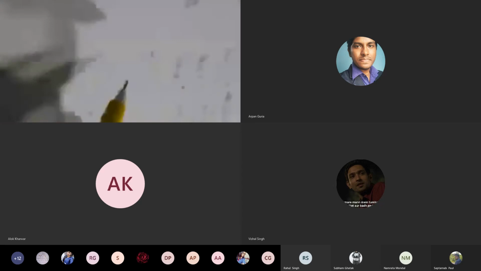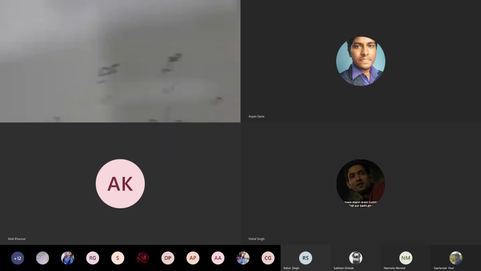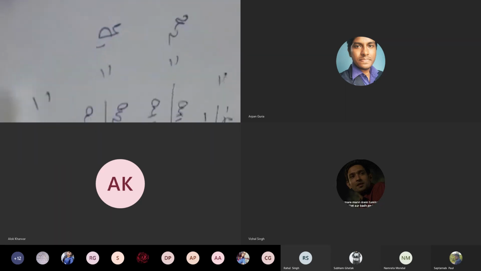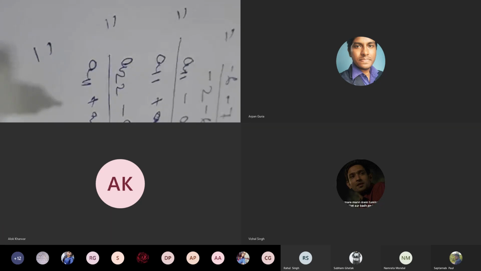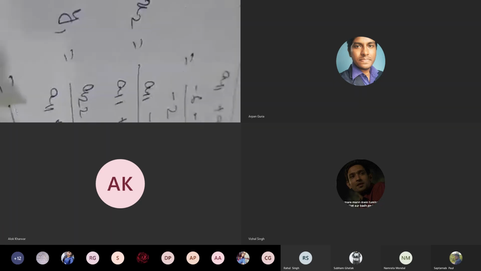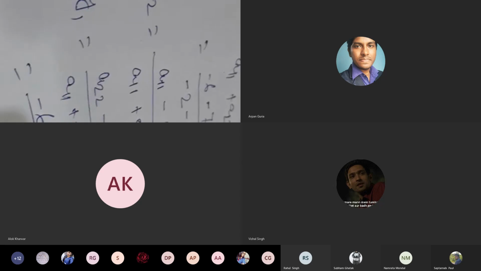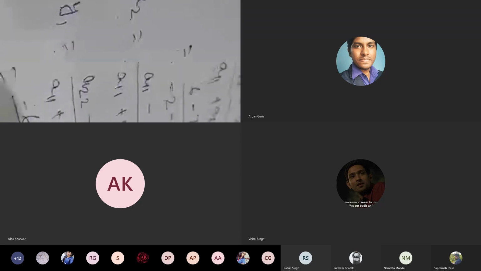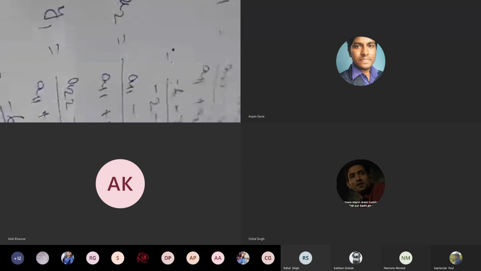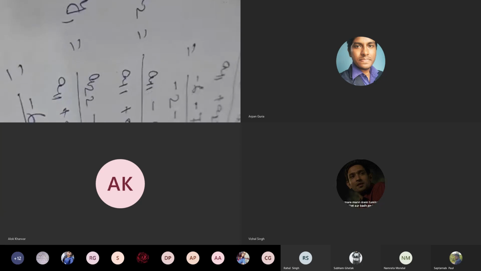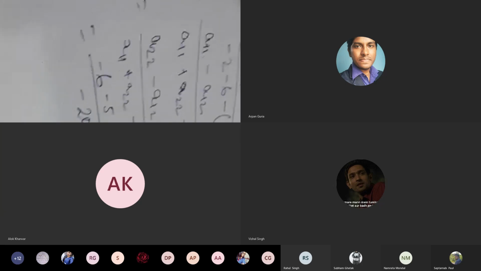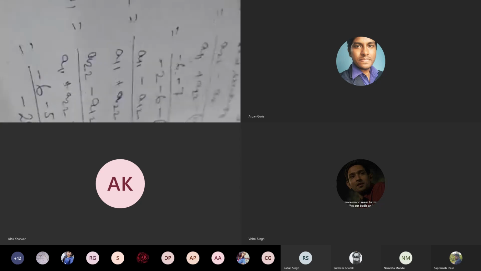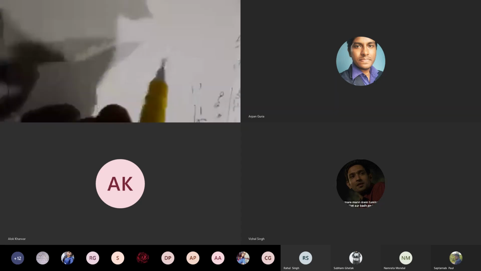A22 is how much? A22 is minus 6, A12 is 5, means minus 5. Then the denominator is the same. So minus 11 by minus 20 is equal to 11 by 20. Then you will get y2.